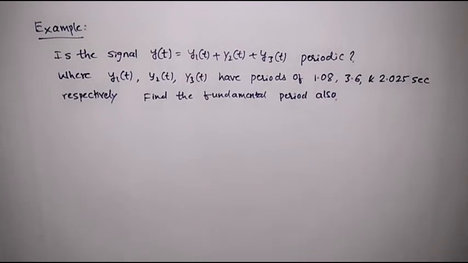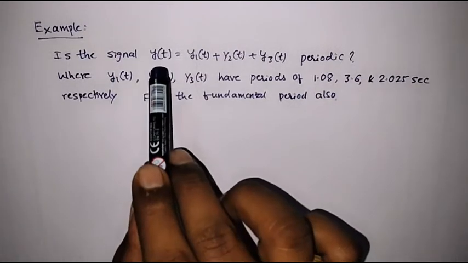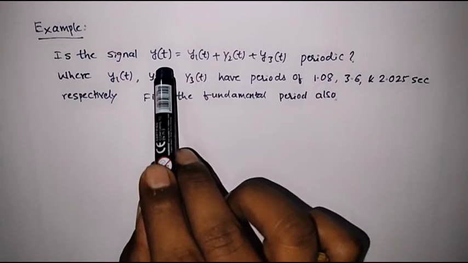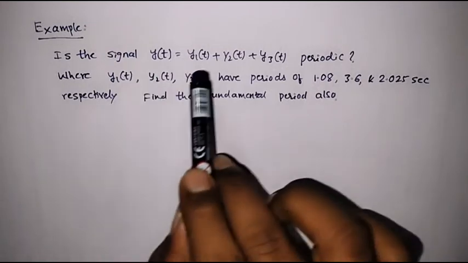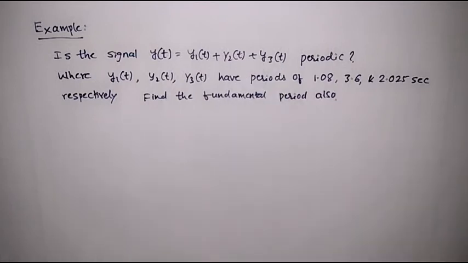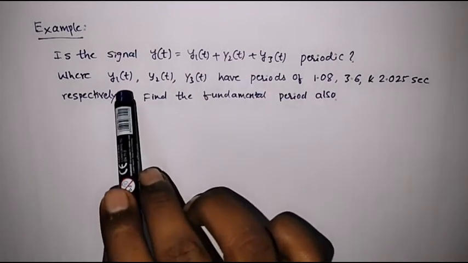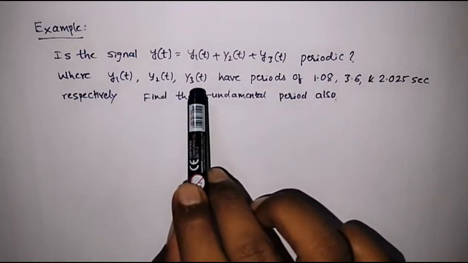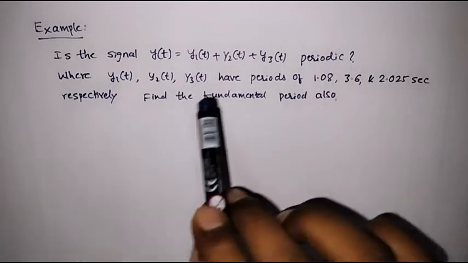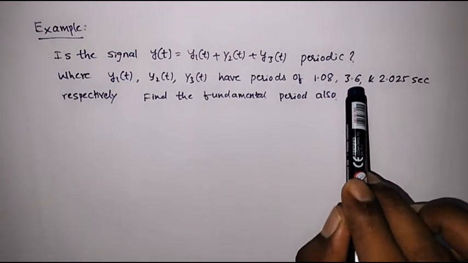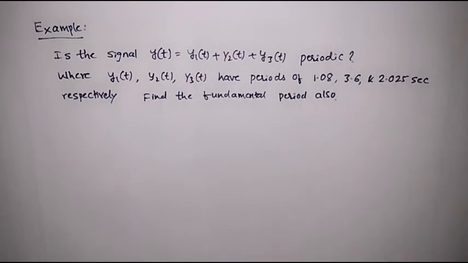So here we can observe that the signal y of t is not an individual signal, but it is a sum of signals, that is y1 of t, y2 of t and y3 of t. Here y1 of t, y2 of t, y3 of t are periodic signals having periods 1.08, 3.6 and 2.025.